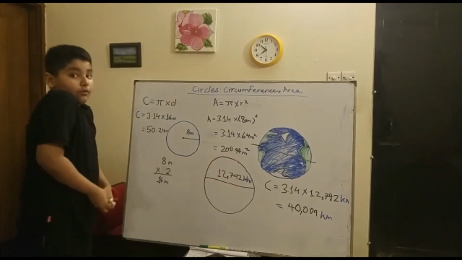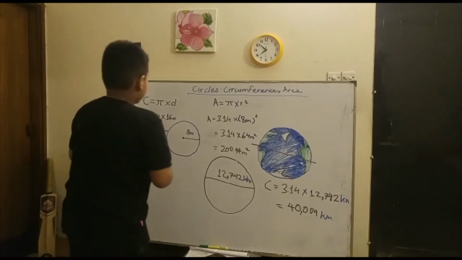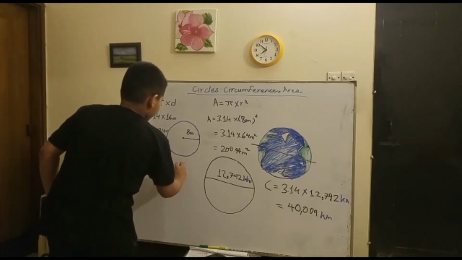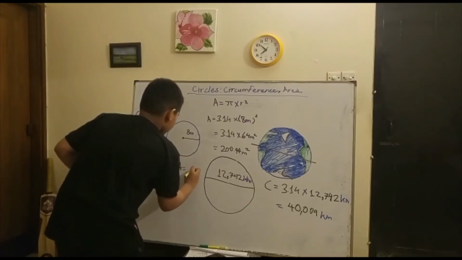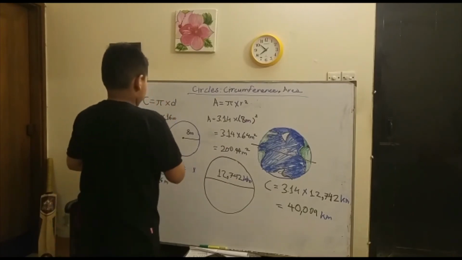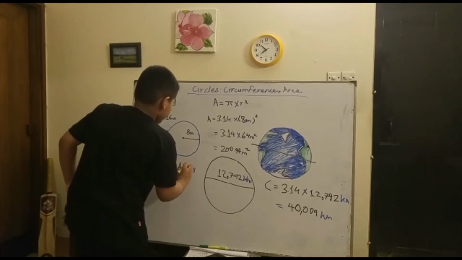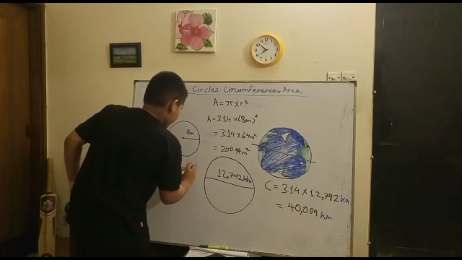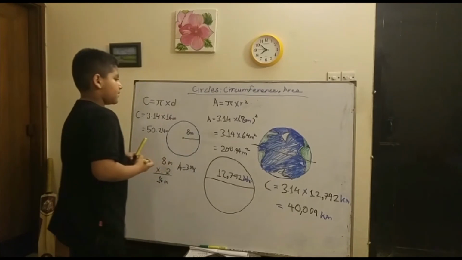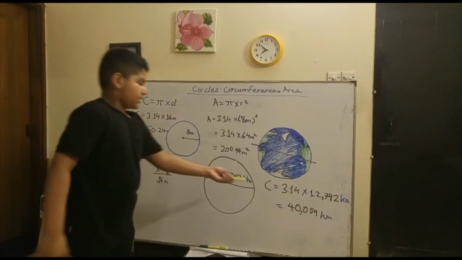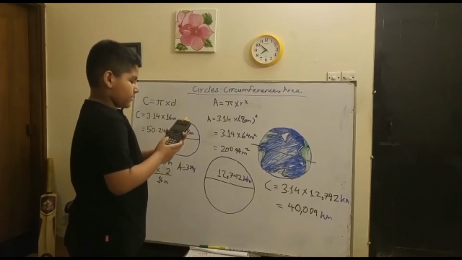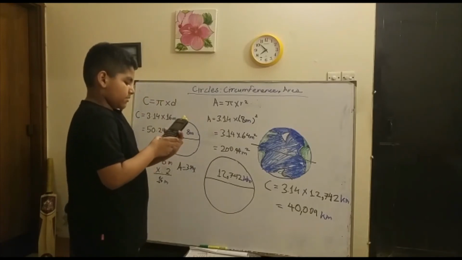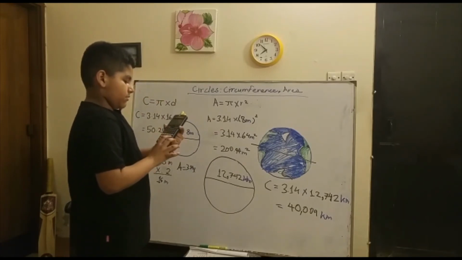But we're not over yet. The area of this circle we made by cutting through the equator is 3.14 times the radius squared. You can divide the diameter by 2. I'm definitely going to use a calculator for this, even though this is not decimal arithmetic, it's a huge number.